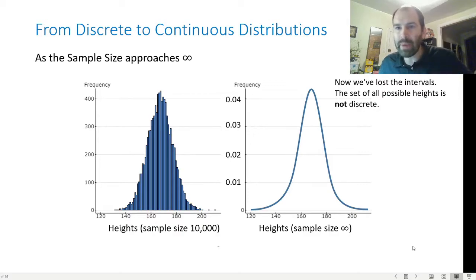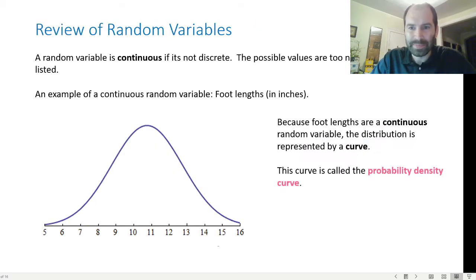Well, somebody could come by and say, well, you missed, what about a height that's between those two? And you go, oh yeah, I missed that one. But that's always going to happen. If you ever try to list them, you'll always skip over one that was between two. So there's too many to list. The set of all possible heights, there are too many to list.